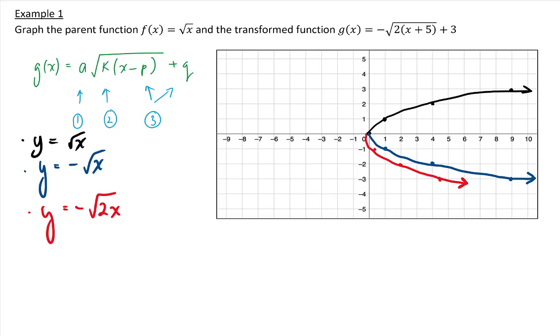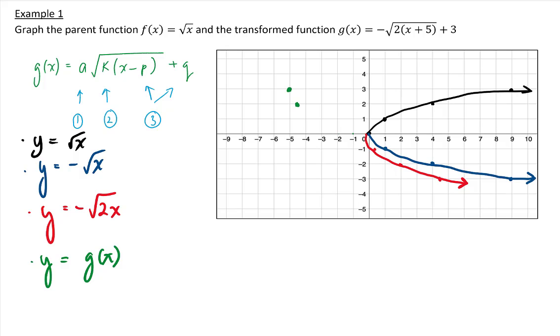And finally, we're going to apply our p and q value to get our final function g of x. This one is saying move left 5 and up 3. So we go 1, 2, 3, 4, 5, 1, 2, 3. Here is that starting point.